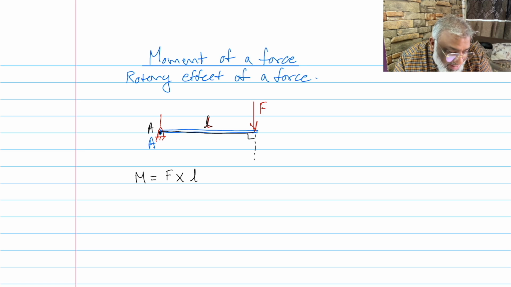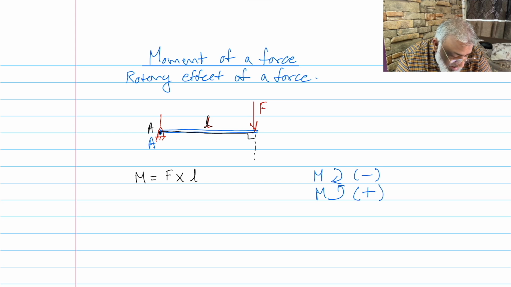But how do you describe the rotary effect, that means whether it is clockwise or anti-clockwise? We follow a standard configuration for calculation: if the moment is clockwise, we say the moment is negative, and when the moment is anti-clockwise, we say the moment is positive.